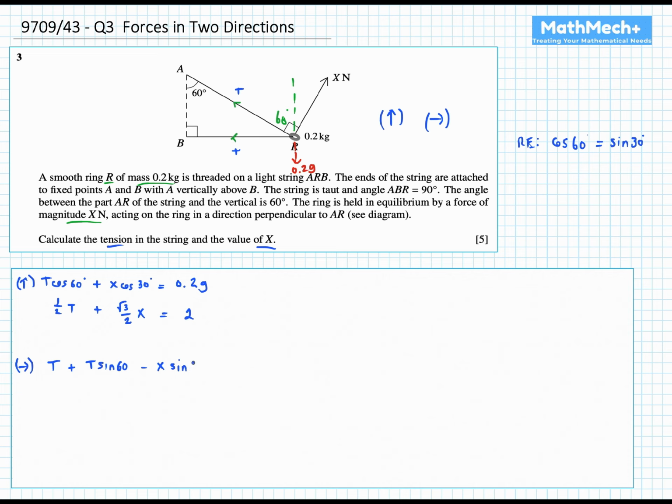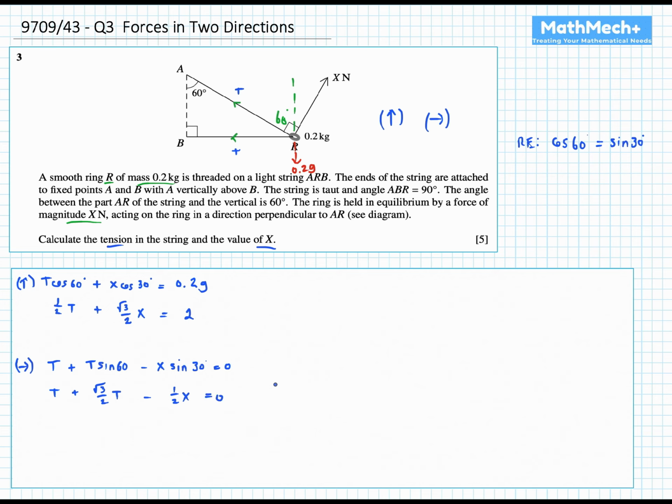So unlike the last one, I'll just make this one minus X sine 30 equal to 0. You can do it either way. We're building an equation here, of course. When you cancel it on one side, it'll change its sign on the other side of the equal sign. So T plus, again, sine 60 is root 3 over 2, minus a half X equals 0.